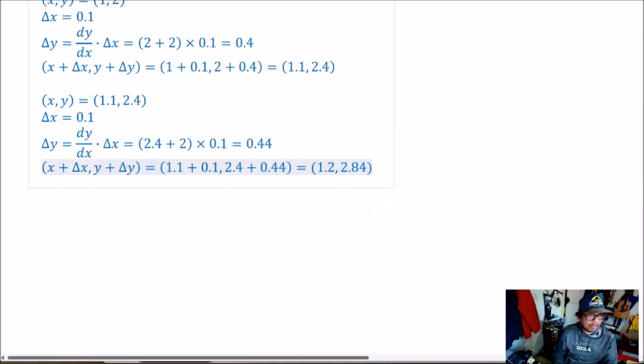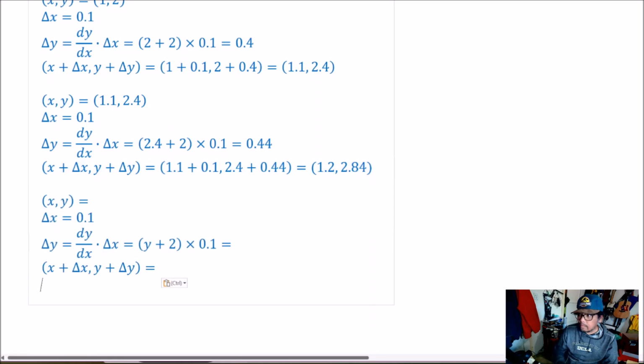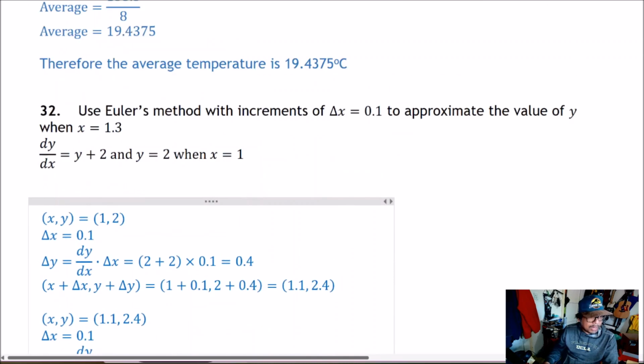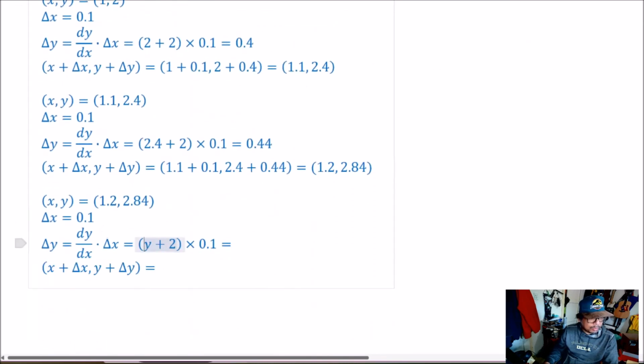And then we repeat the process. This time we're going to start at 1.2 and 2.84, which was where we had left off. My delta x is going to remain 0.1. My delta y is still computed the same way. It's dy/dx multiplied by delta x. dy/dx is still y plus 2.